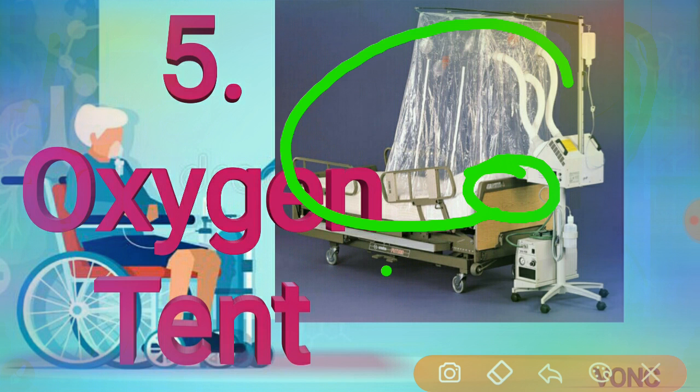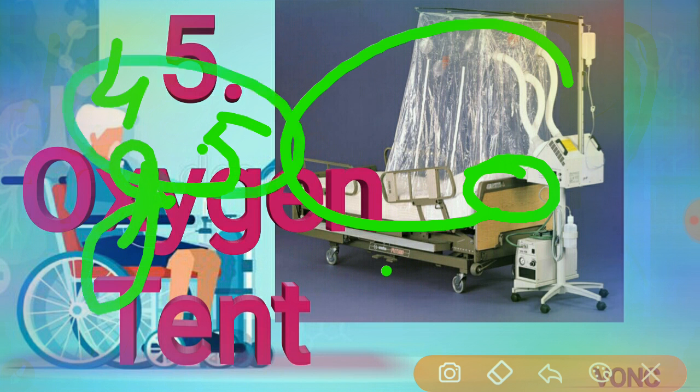The tent is first flooded with oxygen, then the flow should be 4 to 5 liters per minute, and the concentration is maintained at 40% to 50% in the tent.